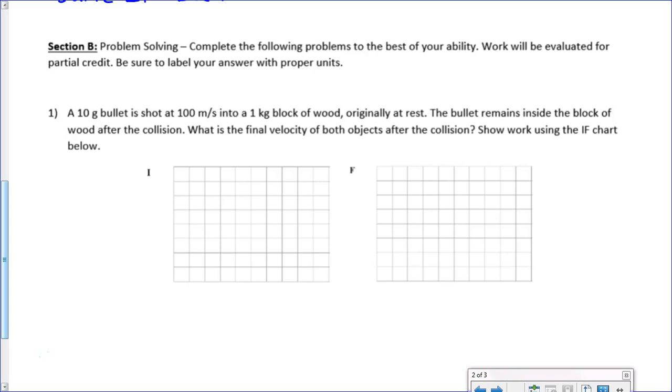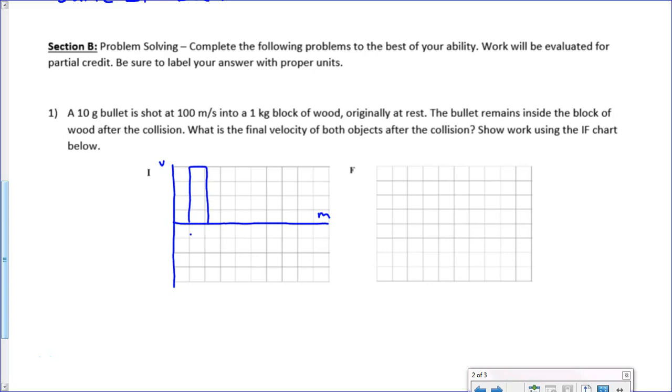And so what we do here is you always start by making your if chart. All right, this is a velocity versus mass chart. All right, we've got the bullet moving originally, but the block of wood is at rest. And so what I'll do here is I'll say that we've got this bullet.